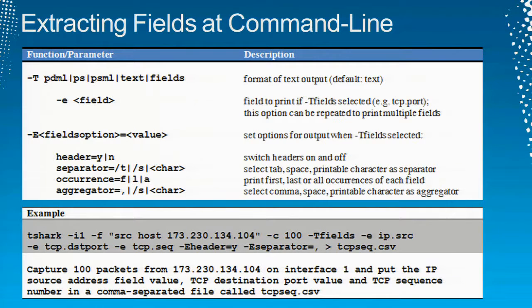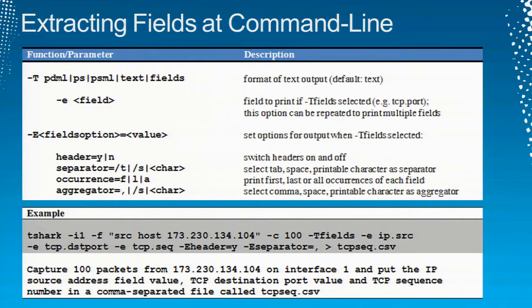All right, so I'm going to pop open this one, and you'll see this really big, long example on the bottom. And that example that I've given you is what we would use to capture traffic off of interface number 1, apply a capture filter using traffic just from this source IP address, capture 100 packets.